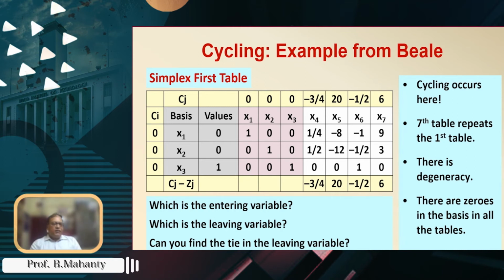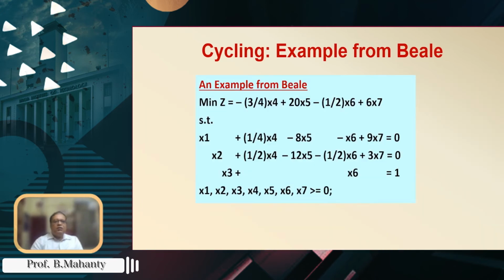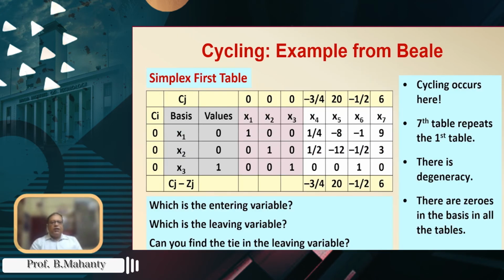That is how the problem is in canonical form, and x4, x5, x6, x7 are along with it. So if the problem is one of minimization, tell me which variable should be the entering variable and which variable should be the leaving variable.